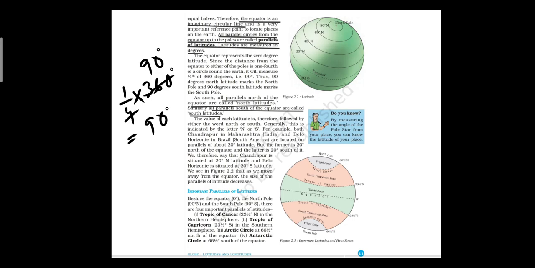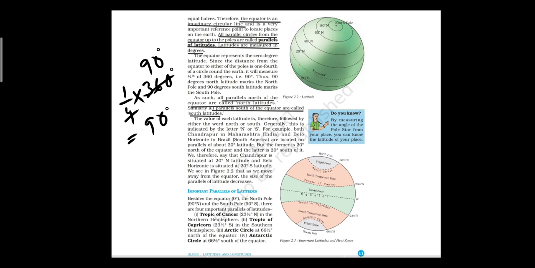So we can say that this is a property of latitude, that as we move away from the equator, the parallels of latitude become small in size, and at the North Pole and South Pole the size of the latitude is that of a dot or a point. Okay, and like we have already discussed, the value of North Pole and South Pole is 90° north and 90° south. I hope this much is clear.